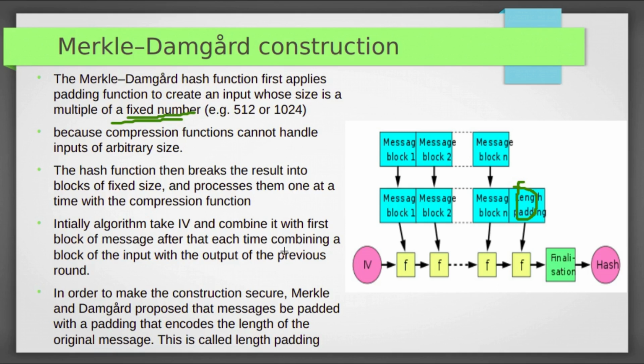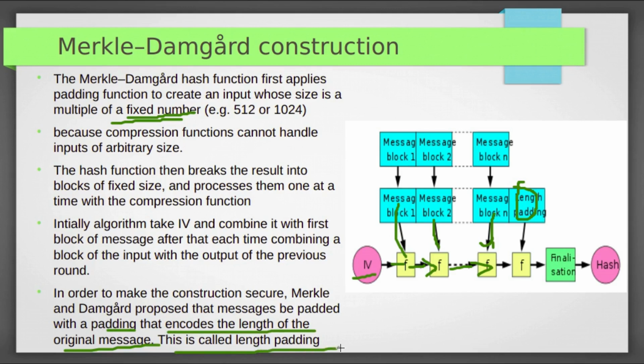Initially, the algorithm will take the IV and combine it with the first block of the message. After that, each time it combines a block of input with the output of the previous round. In order to make the construction secure, Merkle and Damgård proposed that messages be padded with padding that encodes the length of the original message.